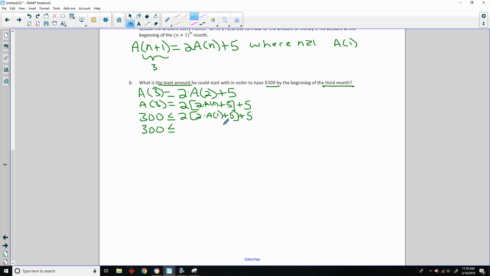and now I'm just going to simplify this. Well, what's our only unknown? Our only unknown is our first month, a sub 1. So I'm going to distribute, and I'm going to get 4 times a sub 1 plus 2 times 5, which is 10. And the next 5 is not in parentheses, so that's plus 5.